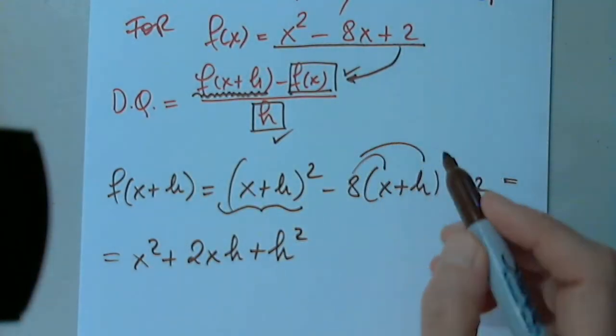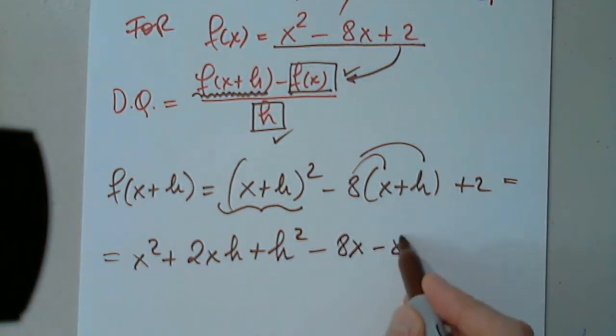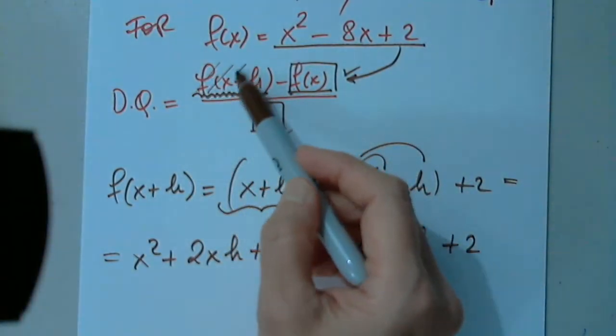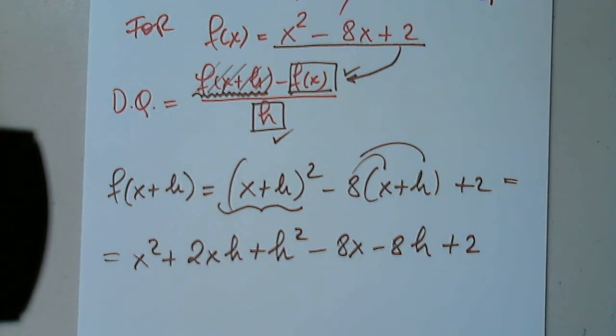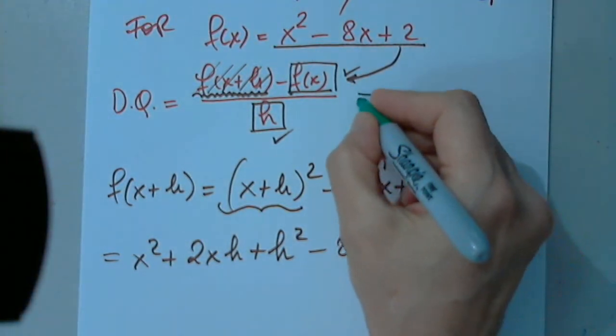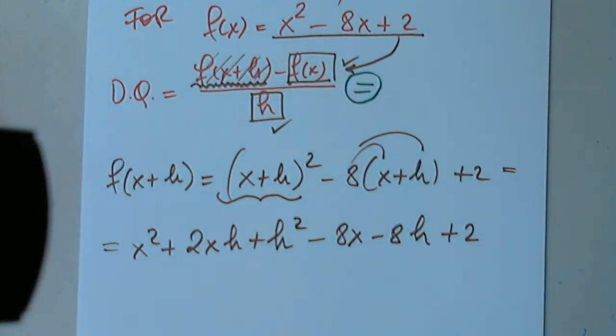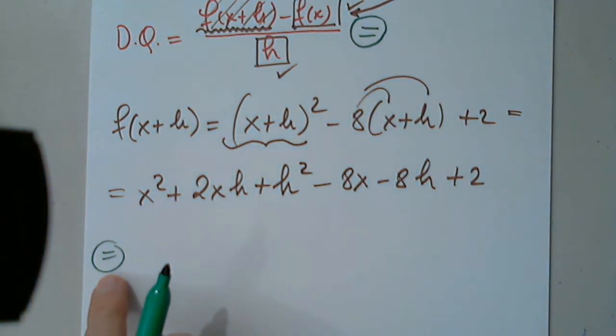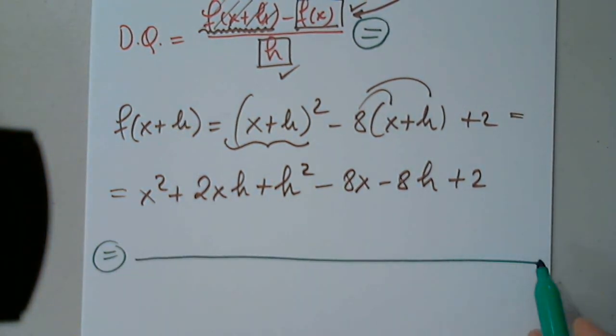Now we distribute. Negative 8x, negative 8h plus 2. Finally, I have this too. Now I will put everything together. And this is how lazy people do it, because they don't want to write again. So this jumps here, h in the denominator.